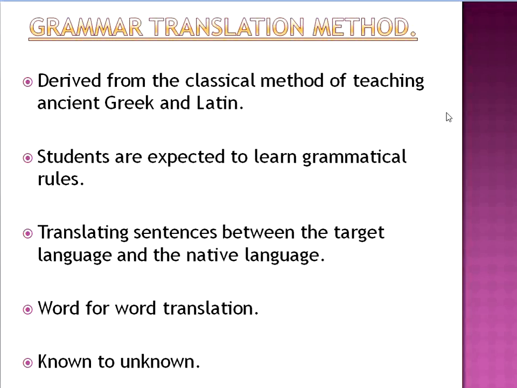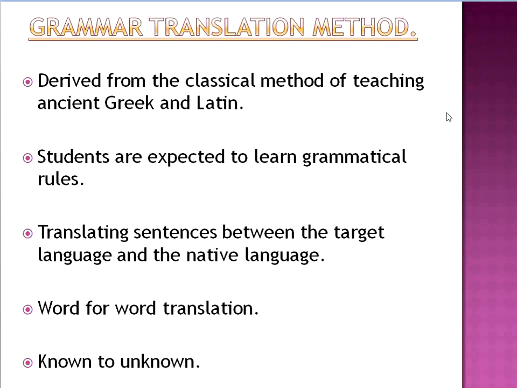Here sentences are translated word by word. That's why we have this point: translating sentences between the target language, that is English, and the native language, that is the mother tongue. What two languages are involved in the grammar translation method? One, the mother tongue, and the second one is the target language, English.